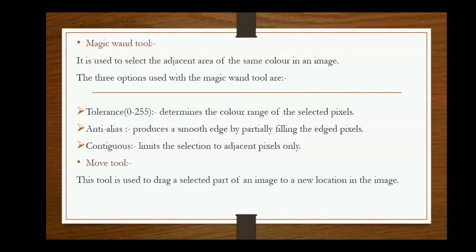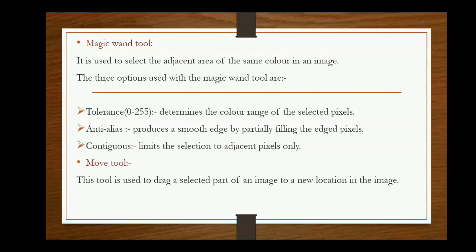Magic wand tool. It is used to select the adjacent area of the same color in an image. The three options given with the magic wand tool are: tolerance 0 to 255.